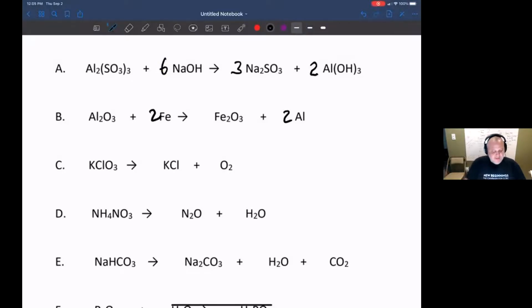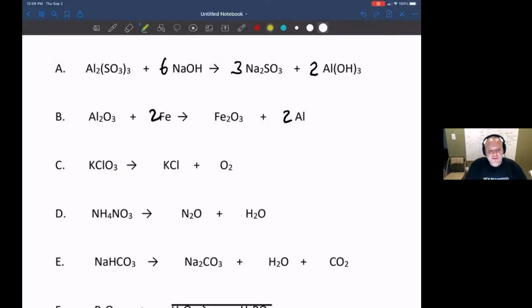The next one is going to get you into a situation I call even odd. In the even odd situation, everything is balanced except for oxygen. But the oxygens on the left come in an odd quantity, an odd grouping, and the oxygens on the right come in an even grouping.